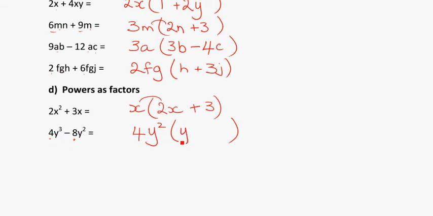I just need a y, because that would make it into a cubed. Minus, because there's a minus sign there. 4 times what equals 8? I need a 2. y squared, and so let's check. 4y cubed minus 8y squared. Check.